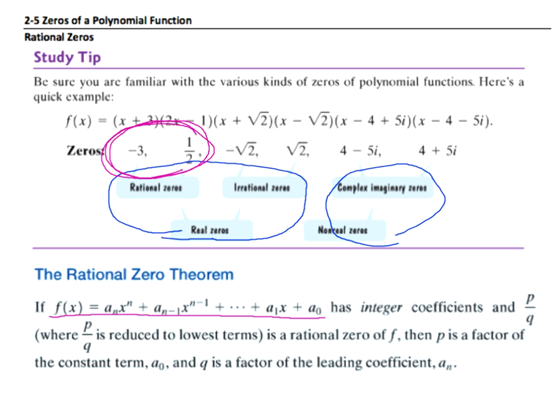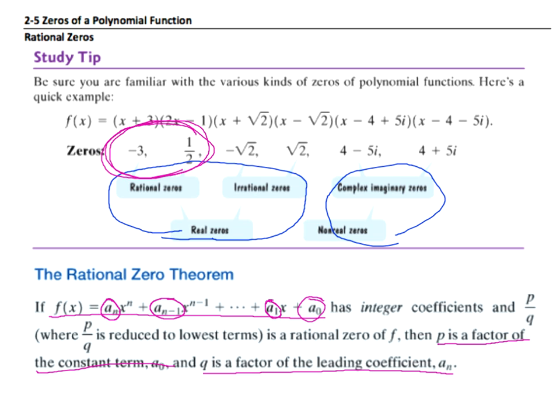If it has integer coefficients, and by integer coefficients, we're talking about all of the coefficients on the variables, and P over Q, where P over Q is reduced to its lowest terms, is a rational zero of f, then P is a factor of a sub 0, and Q is a factor of a sub n.